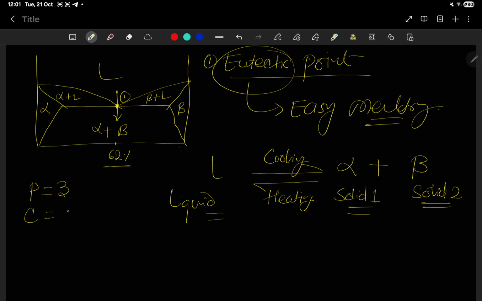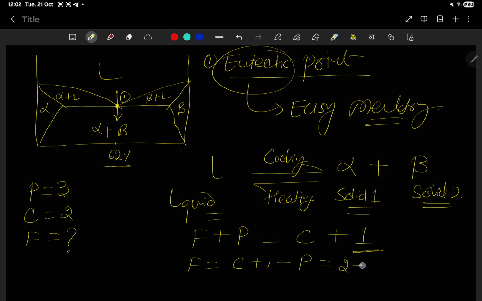The number of components is 2, Pb and Sn. Degree of freedom is unknown. So let's apply the Gibbs phase rule. As we discussed earlier, because pressure and composition are kept constant, F will be C plus 1 minus P. C is 2 plus 1, and P is 3.